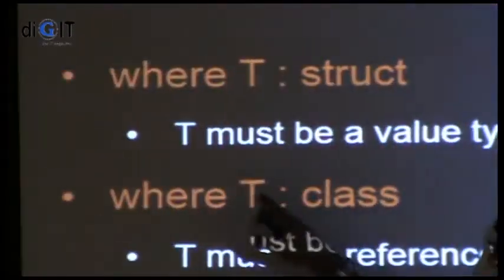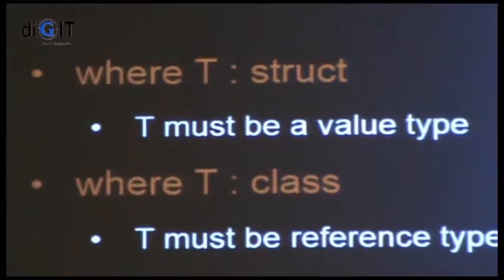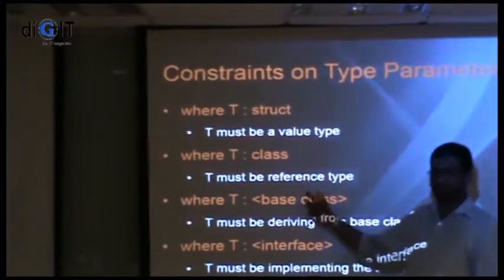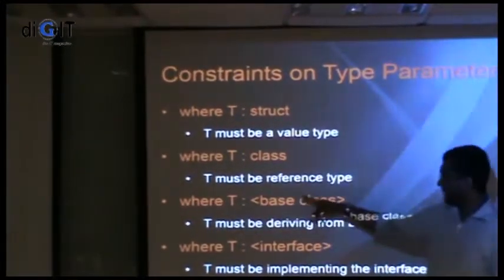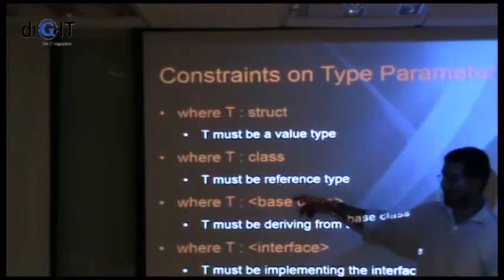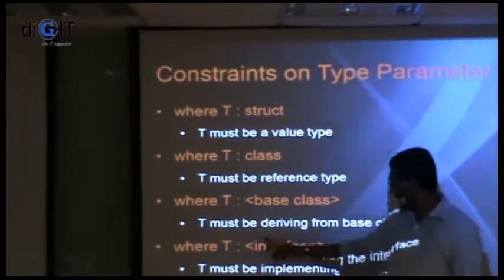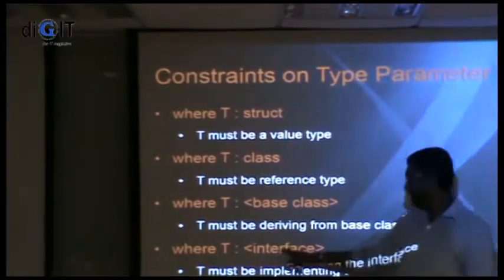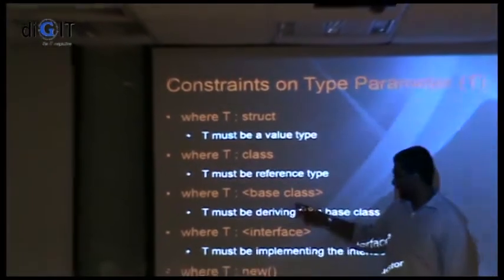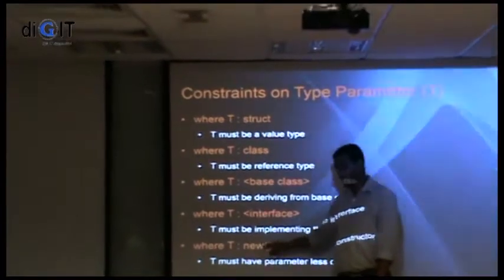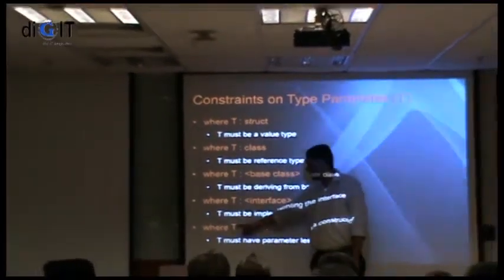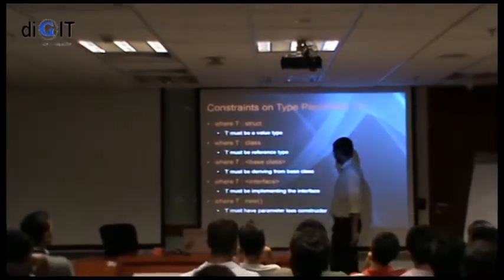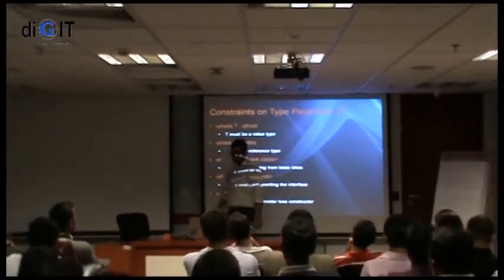So if I put where T is class, T must be a reference type. If I put where T is some base class, my T should derive from this base class. If I put T and some interface here, my T should implement this interface. And if I put T and new here, it means T must have a parameterless constructor.